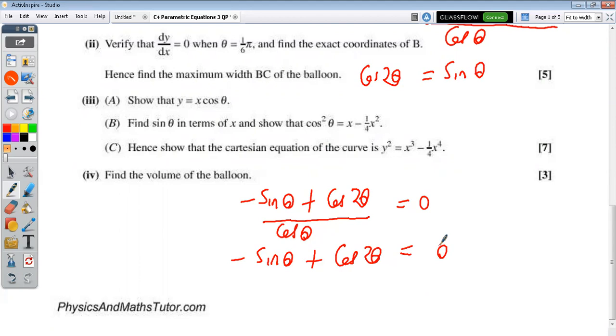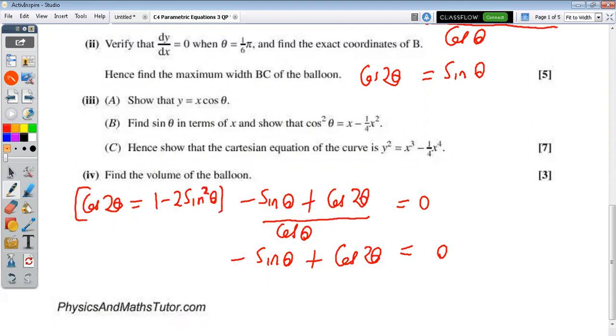Now, what is cos 2 theta? We want it in terms of sine theta. What is cos 2 theta? Check in your booklet, under identities. Cos 2 theta is equal to 1 minus 2 sine squared theta. You have that identity.